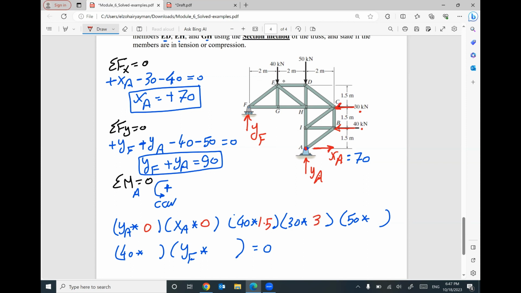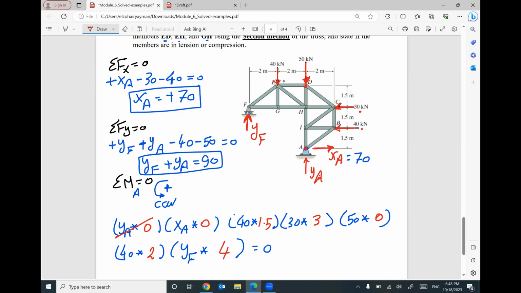What is the horizontal distance between this 50 and A? Don't forget, because your force is vertical, we don't have horizontal distance. What is the horizontal distance between this 40 and the point A? It will be 2 meters. What is the horizontal distance between YF and the point A? It will be 4 meters.